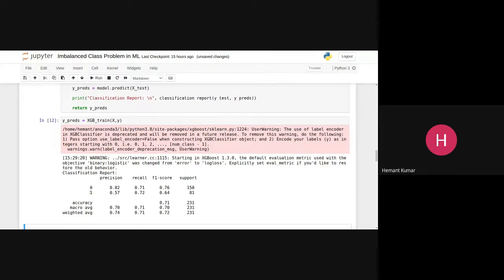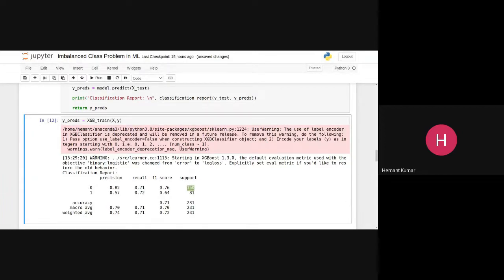We focus only on class 1, meaning a person having diabetes, while the other class is non-diabetic. For class 1, precision is 57%, recall is 0.72, and F1 score is 61%. In the support column, 81 samples belong to class 1 and 150 samples belong to class 0.